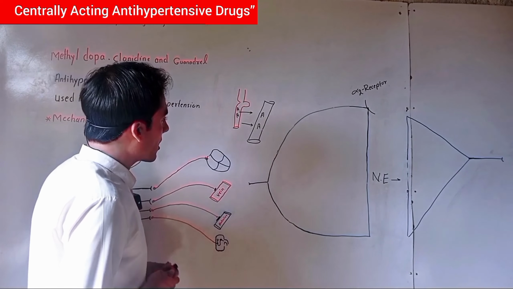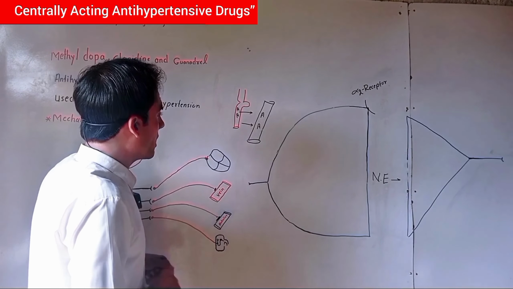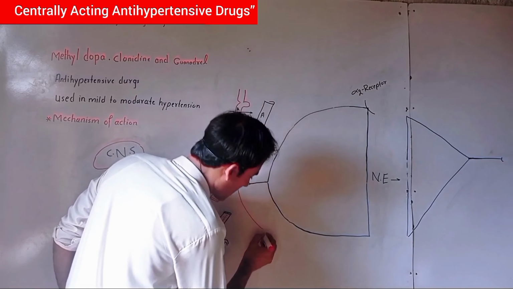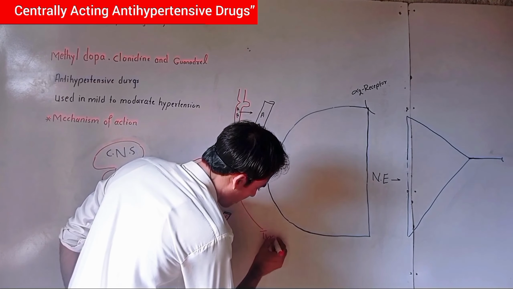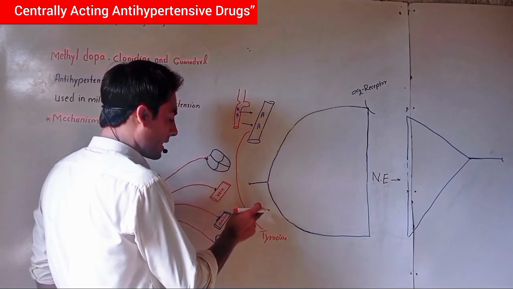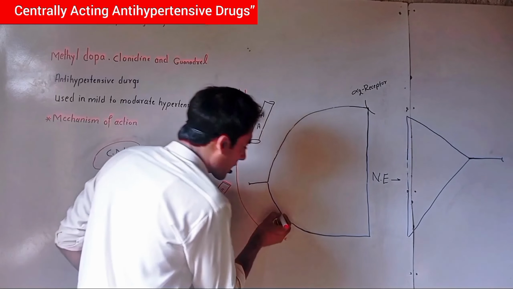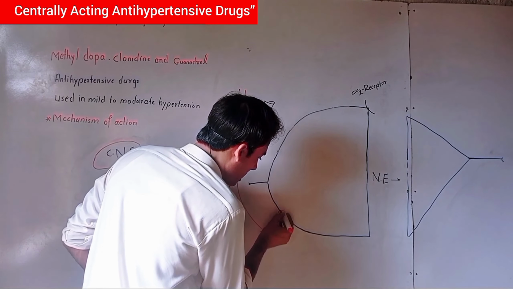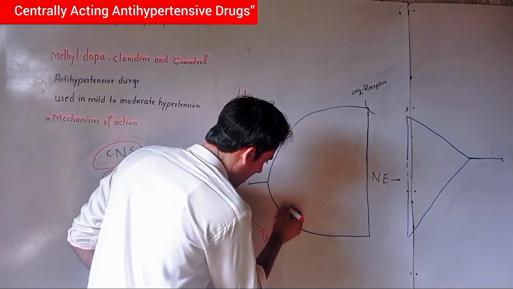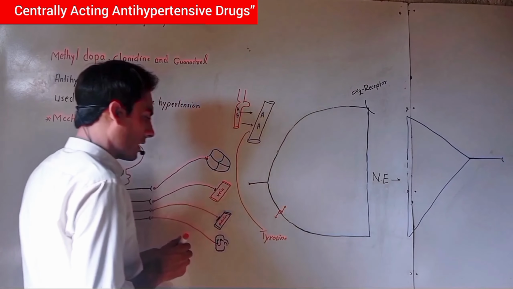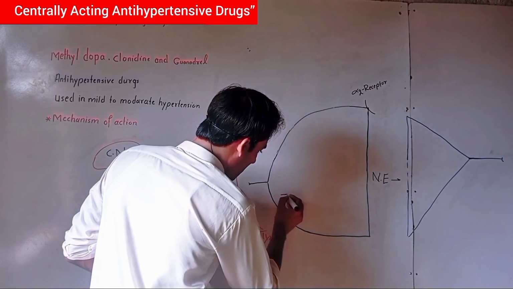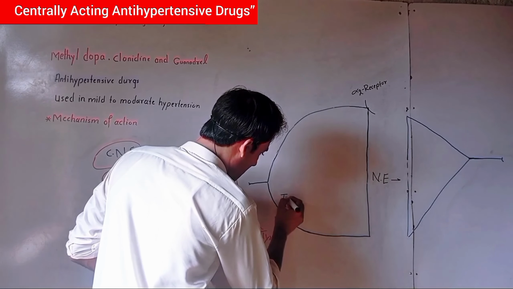One of the amino acids is tyrosine. When tyrosine comes near the nerve ending, there is a special tyrosine pump mechanism, a tyrosine uptake mechanism, present on the wall of the nerve ending, which pumps tyrosine into the nerve ending.